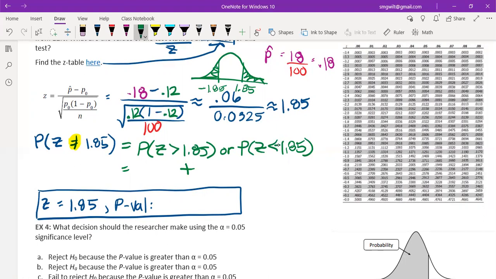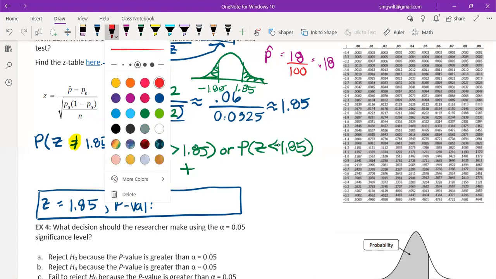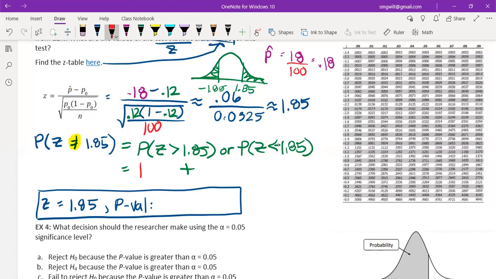So remember that because this is greater than for the first one, I'm either doing 1 minus the p-value there, or I'm doing the p-value at the opposite, okay? So I'll show you the long way, right? So since z is greater than 1.85, that means that I'm going to do 1 minus the number here on the z table.